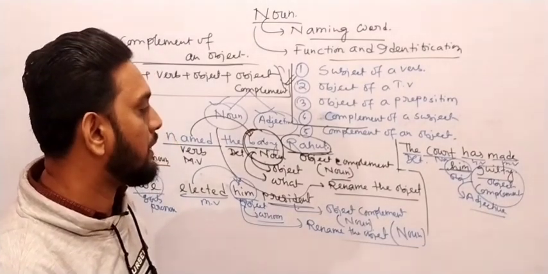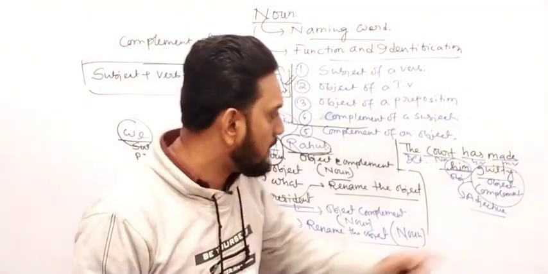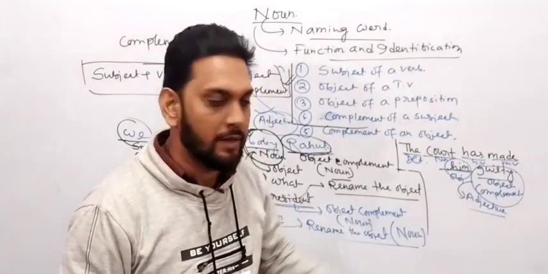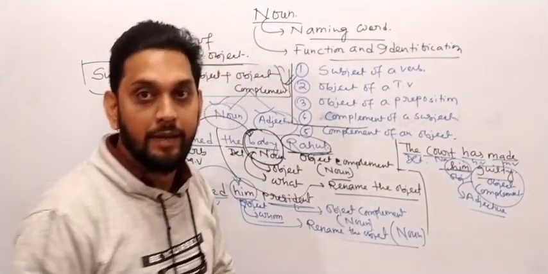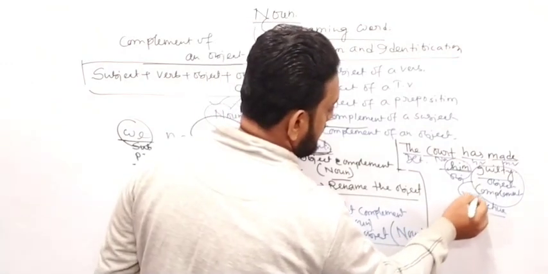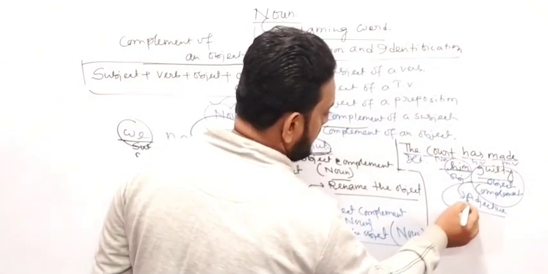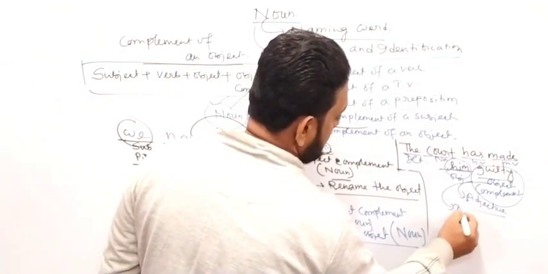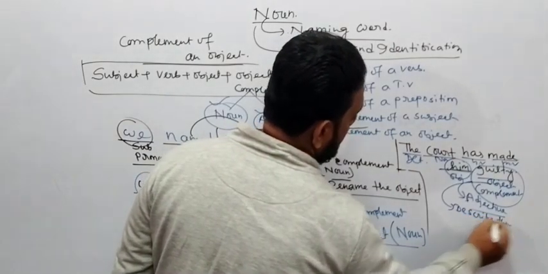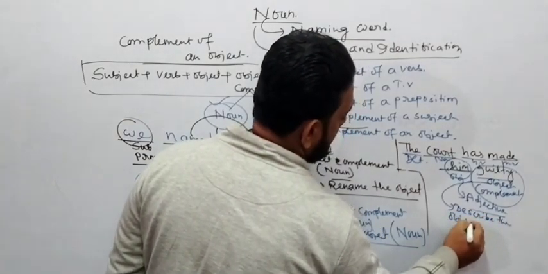And why do we call it an adjective? The reason is very simple, because this word guilty describes the object. It does not rename the object, it describes the object.